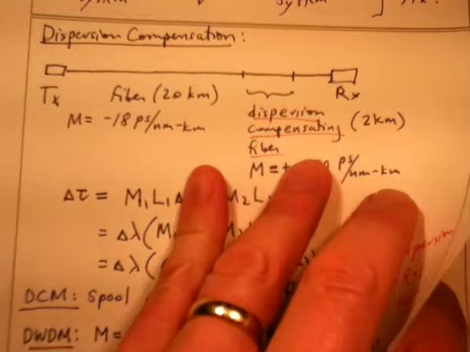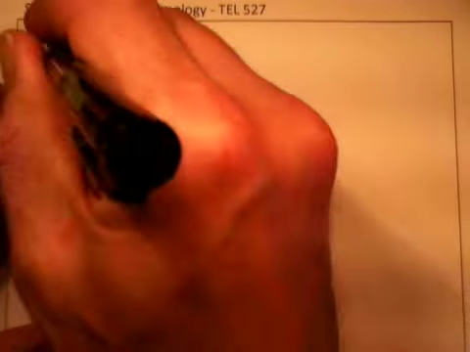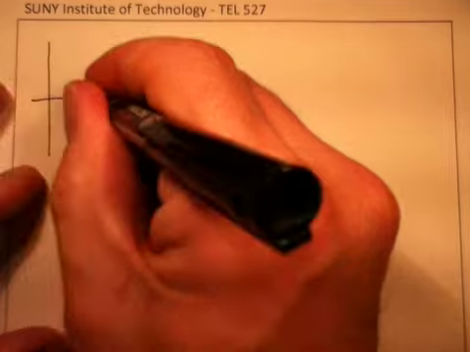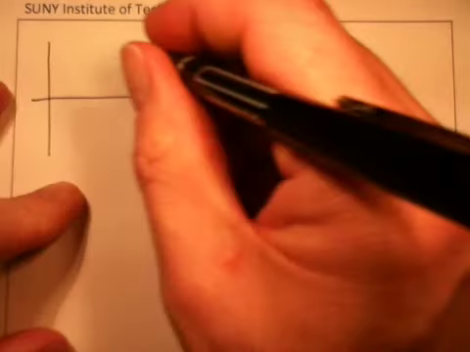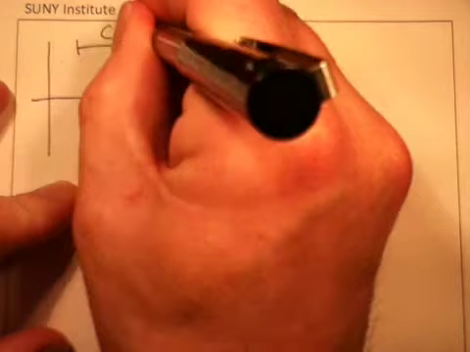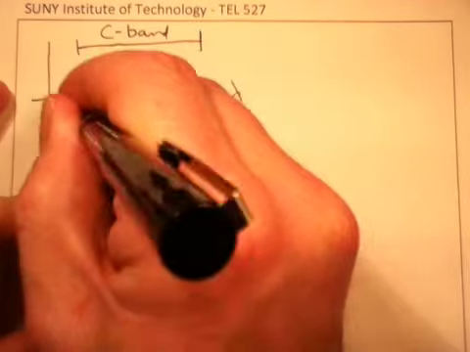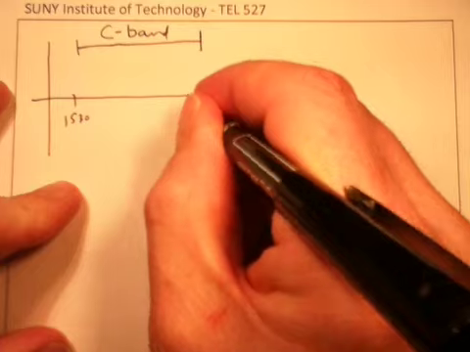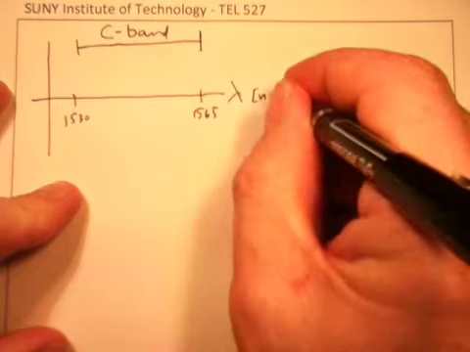Let me go ahead and try to draw you a picture of that here. What we're going to do is draw the dispersion as a function of wavelength, and let's say we're operating on the C band from 1530 to 1565 nanometers.